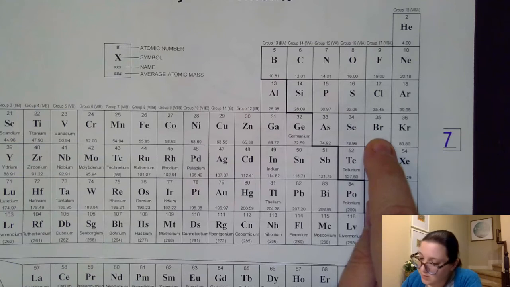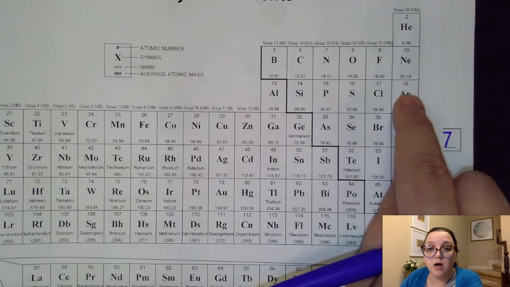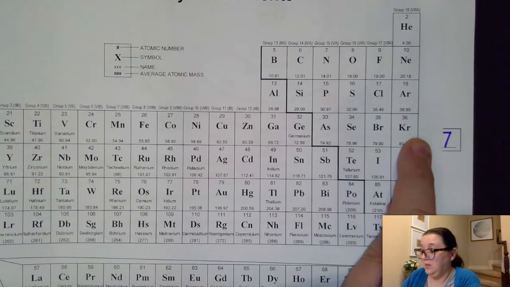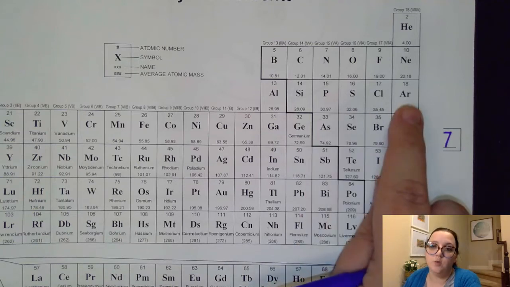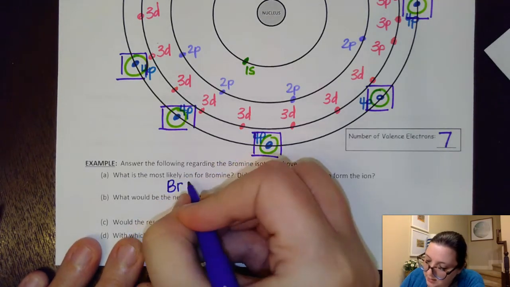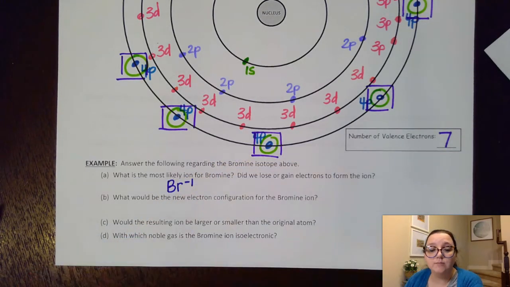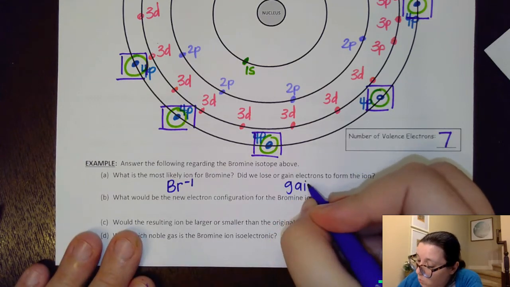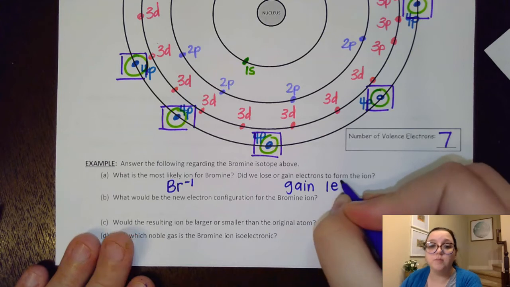Is it more convenient for it to go back and look like argon, or to just simply gain one more and go forward and look like krypton? I don't know about y'all, but gaining one more sounds a heck of a lot easier than trying to go back all that way. So I would guess that bromine is likely a -1 for its ion. We gained 1 electron to form that ion.